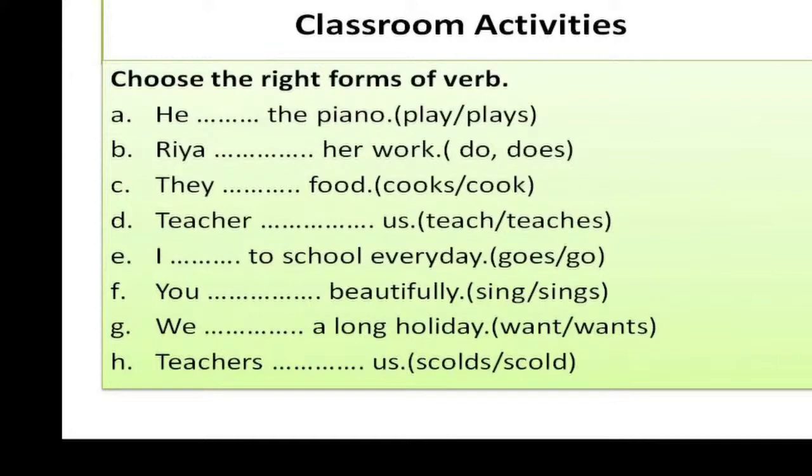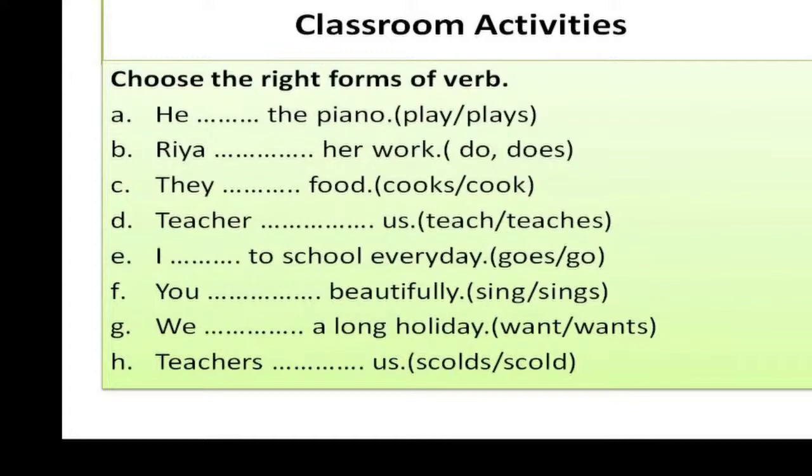E number, I, dash to school every day, goes and go is there. ES is in the first option, so that is verb 5, and the subject is I, that is singular. But I guess we learned some exception case also about I and you. Remember what I taught you. Now F number, you. Subject is you. Now look at the verb sing and sings.